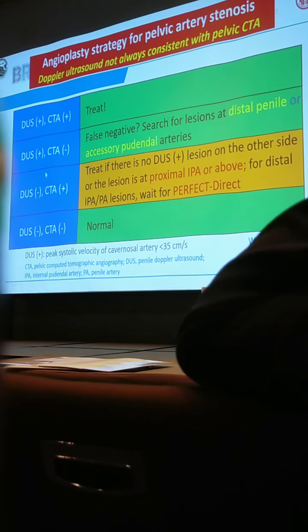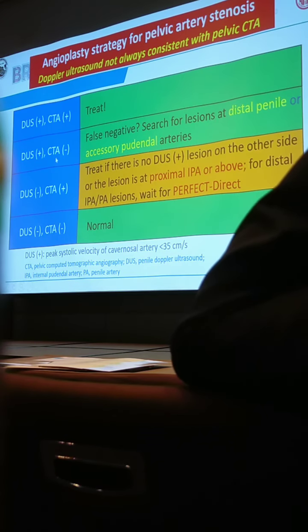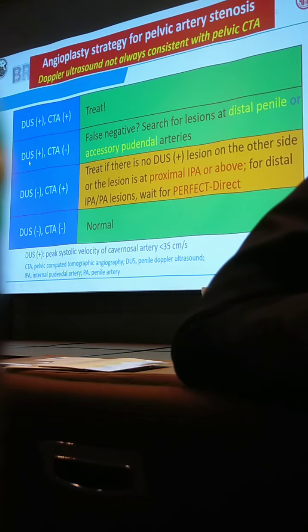So if there's no lesion on CT angiography, but there's a positive Doppler finding, you have to search for some small vessels or accessory vessels, because some small vessels cannot be visualized in CT angiography. But if you've got a definite stenosis on CT angiography, but there's no problem on Doppler, the question is, what is the definition of a problem for Doppler scan?